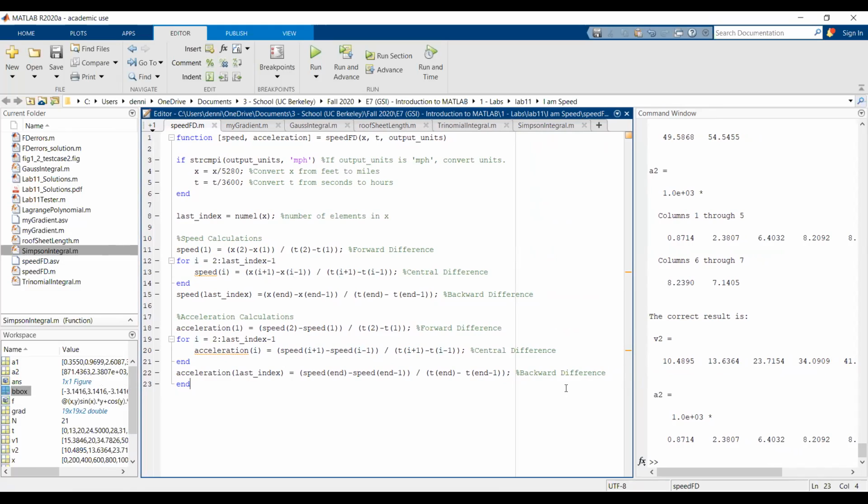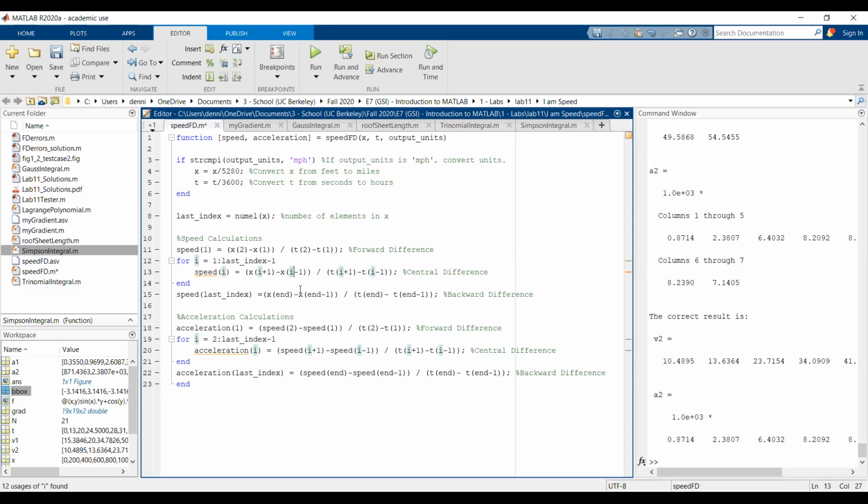I know the loop doesn't catch them, but could you have included them inside? Or no, because let's say I did this from 1 to last index minus 1 and then scooted this inside the for loop. Look at what happens. We're doing i plus 1, so that's 2, that's fine. But then when you do i minus 1, that lands us at x0.